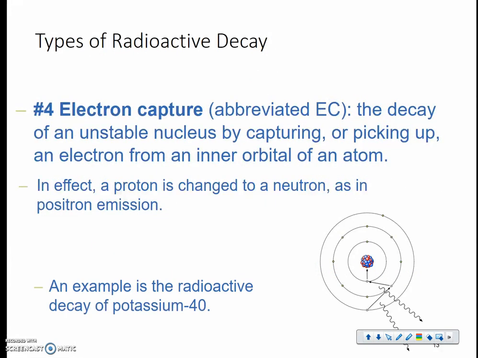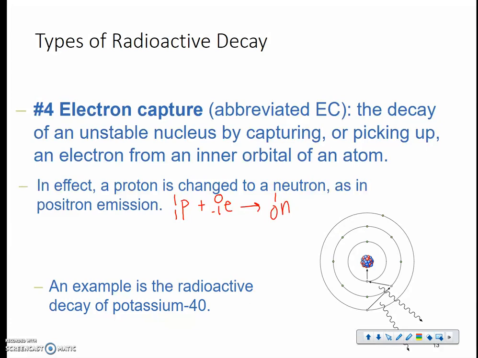Okay, the next one is electron capture, which is a bombardment type of reaction where your nucleus actually picks up an electron from itself. What's happening is a proton is changing into a neutron just through a different way. So the proton is adding an electron or a beta particle, turning into a neutron.